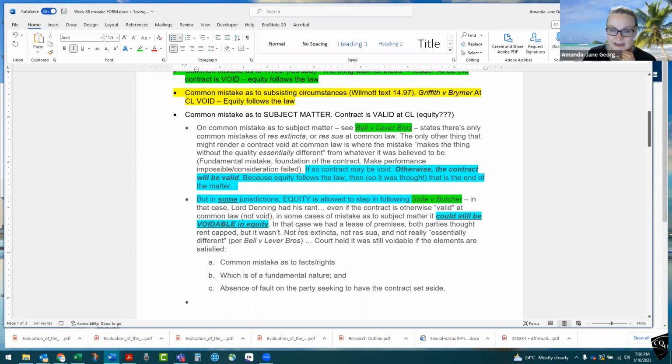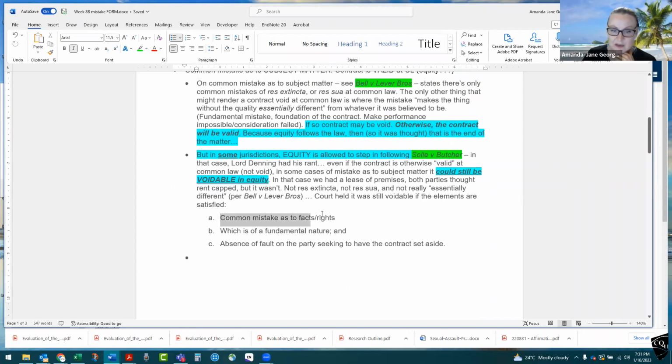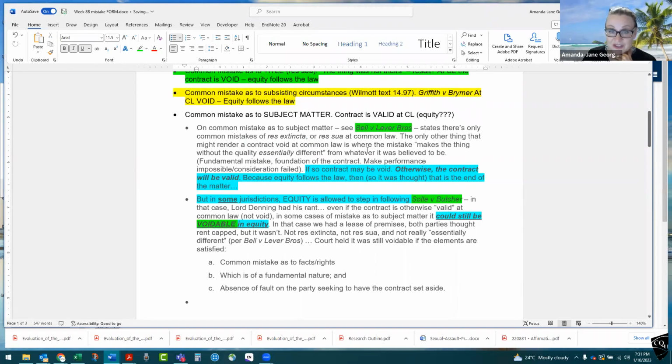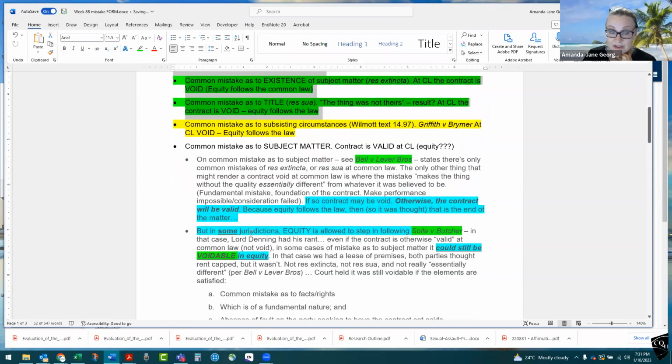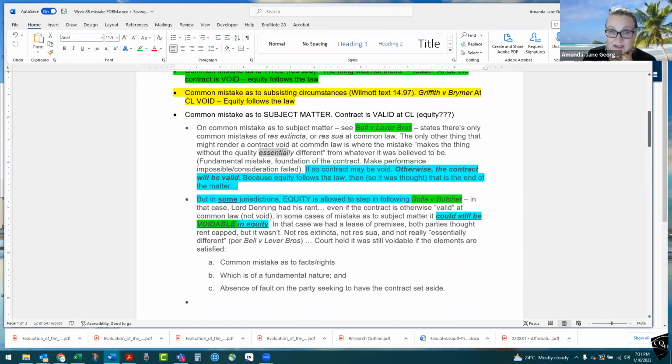If you have a common mistake about facts or rights that are of a fundamental nature to the contract, and there's no fault, no naughtiness involved, then it will be voidable in equity. Okay. Bell and Lever, very harsh decision here. They say it's only these two that make the contract void. Otherwise, it has to be something essentially different.